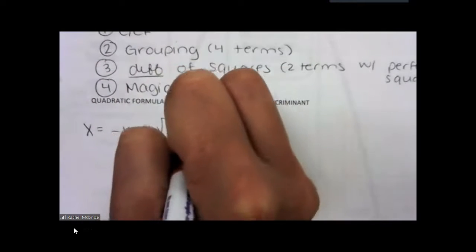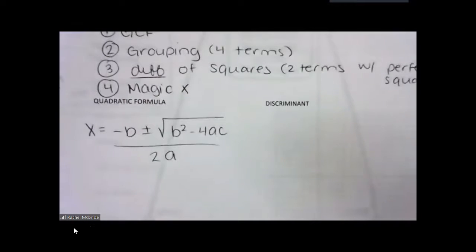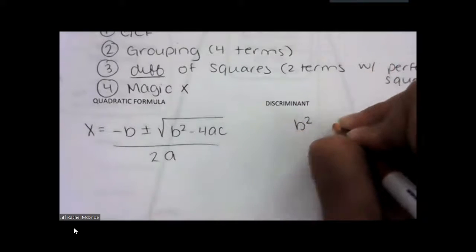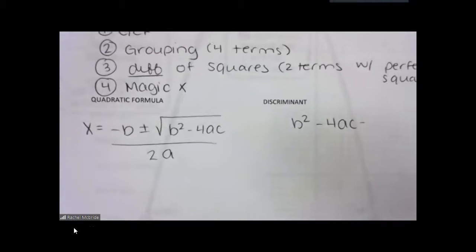Quadratic formula is x equals negative b plus or minus the square root of b squared minus 4ac, all over 2a. The discriminant is what's under the radical. It's b squared minus 4ac.